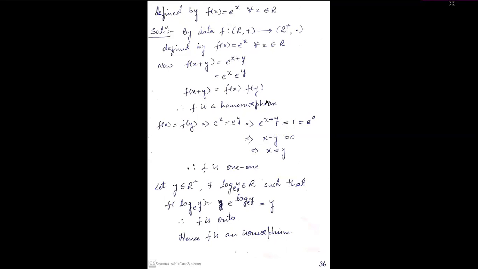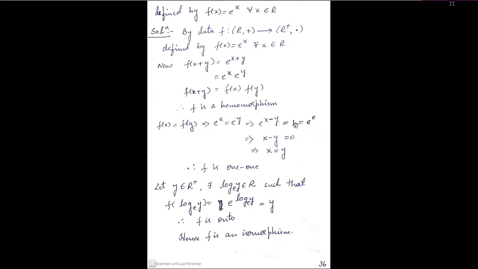Next we need to show that f is 1-1. So for that we consider let f of x is equal to f of y. This implies e power x is equal to e to the power y. Multiplying e to the power minus y on both the sides, we have e power x minus y is equal to e power y minus y, which is nothing but e power 0.